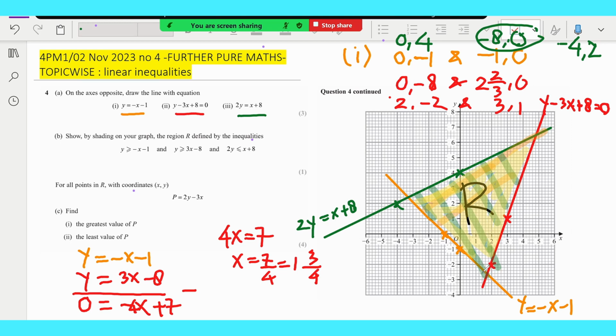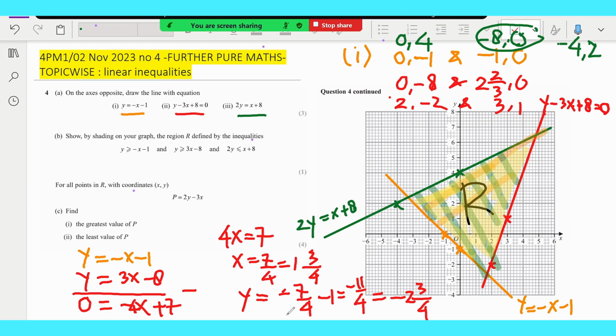Now we have to know the y coordinate. So we just plug the x value into any of these equations. So y equals, I choose the first one because it's easier. Minus x is minus 7 over 4, minus 1, then we count, it will be minus 11 over 4, which equals minus 2 3 over 4.